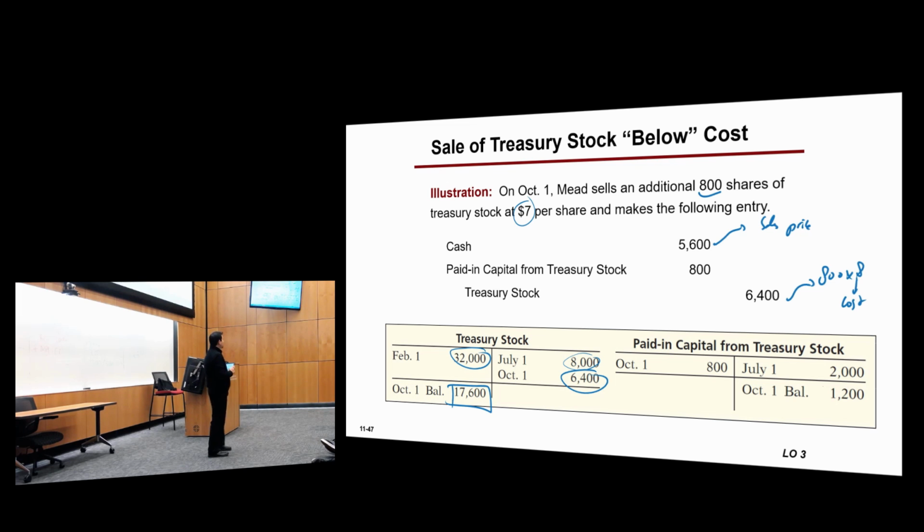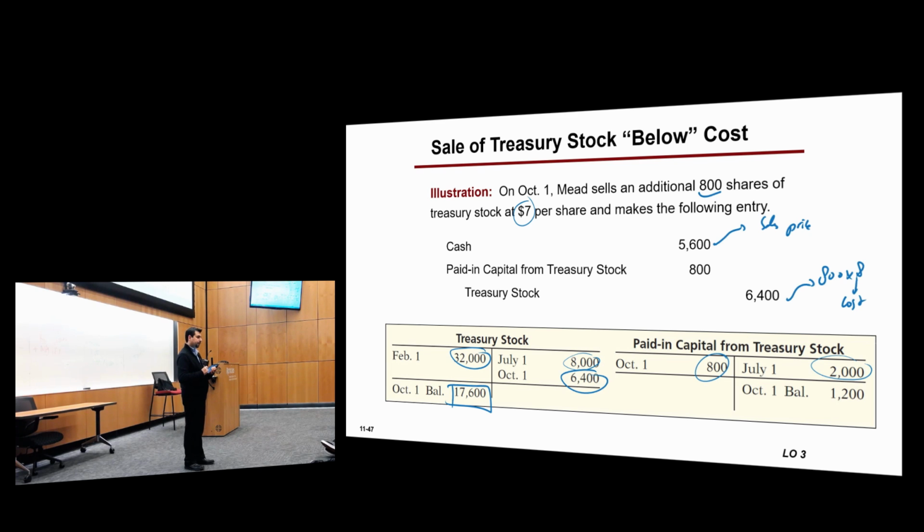The paid-in capital from treasury stock, the first time it was 2,000. This is when the company sold treasury stock above cost, and then they sold treasury stock below cost. So the first time there was a credit of 2,000, and the second time there was a debit of 800.